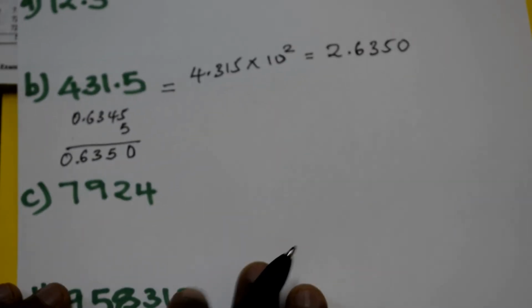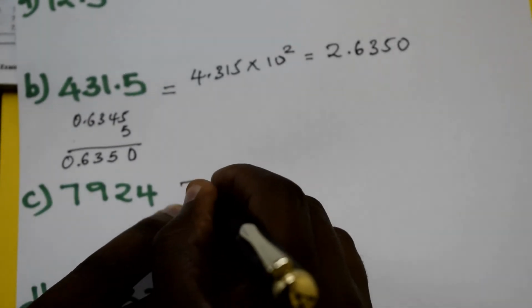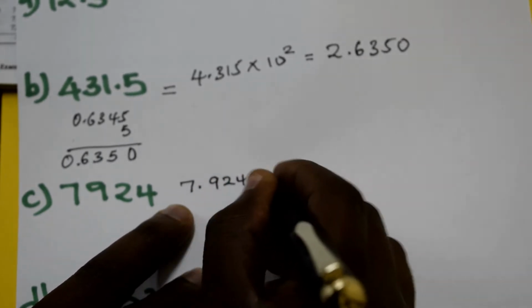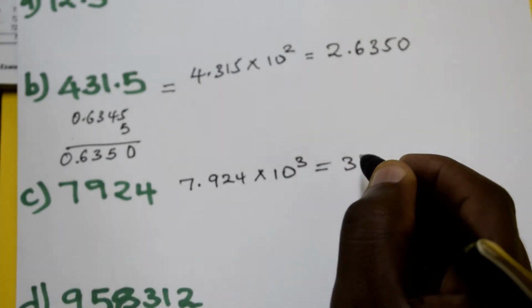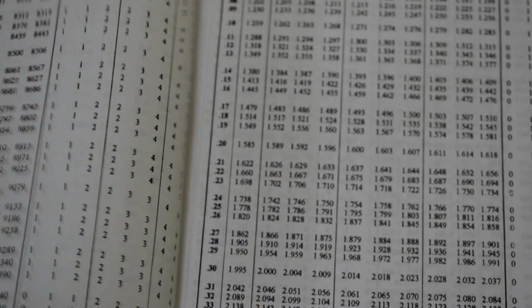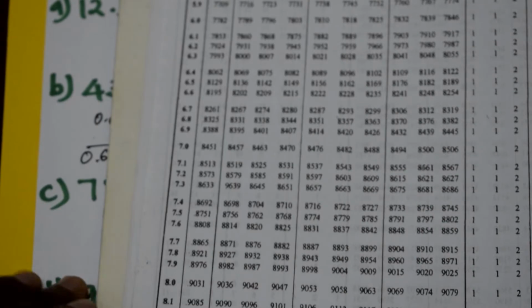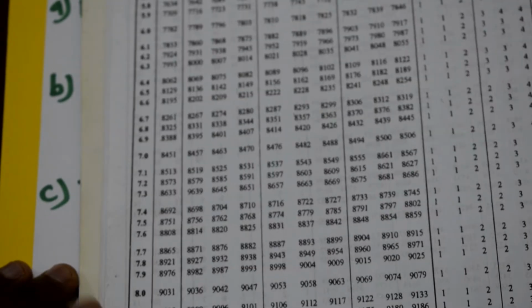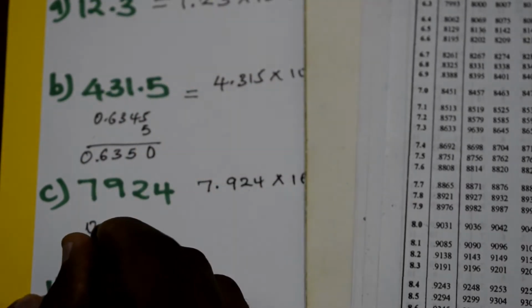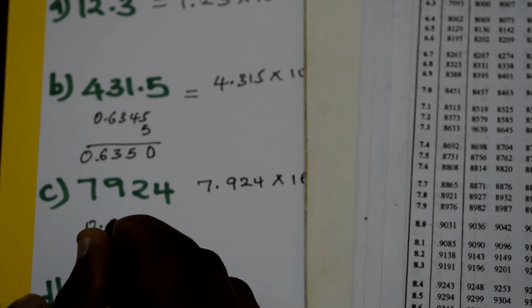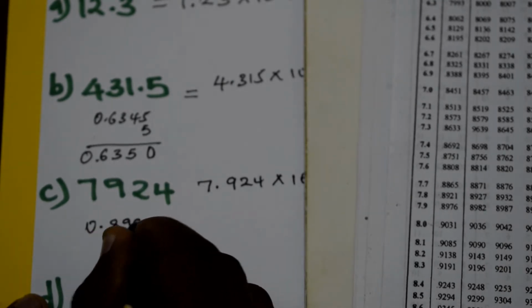The next number is 7,924. In standard form, this number will be 7.924 times 10 power 3, and this will be 3 point. So we go for 7.92. We get 0.8987.